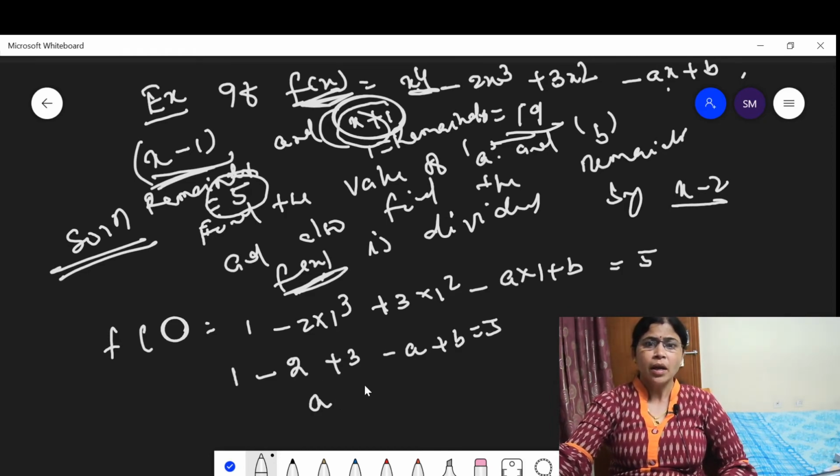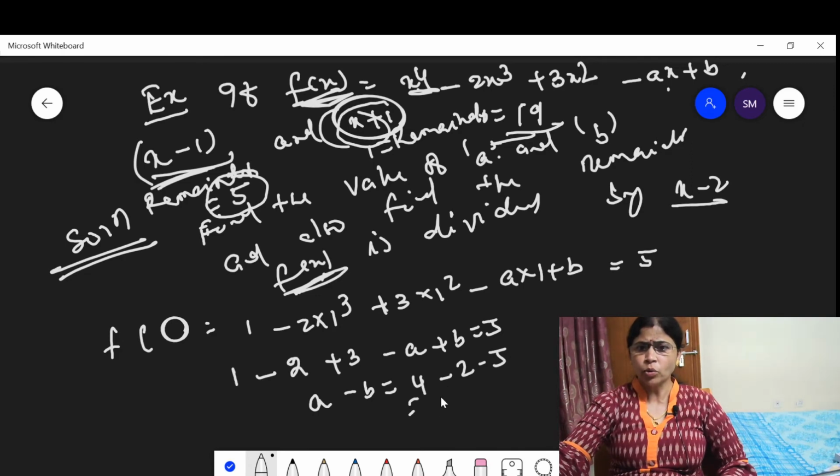This means a minus b is equal to 4 minus 5, which is minus 3. Then we get a minus b is minus 3.